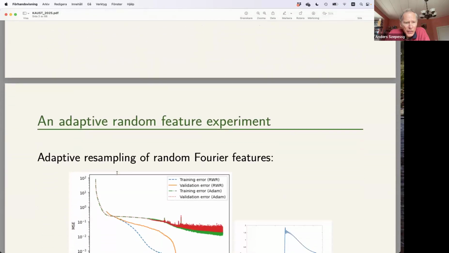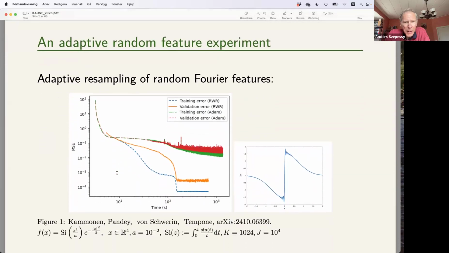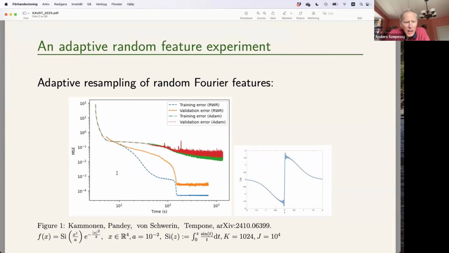The starting point is these numerical results by Kammonen, Pandey, von Schwerin, and Tempone in an archive paper where they simulate with random features with resampling.